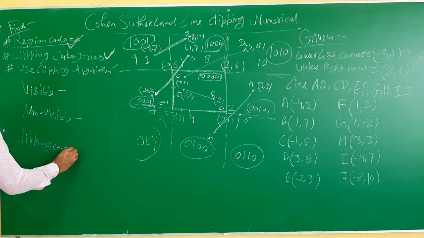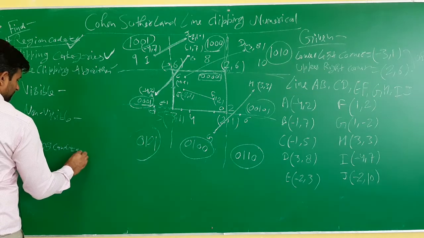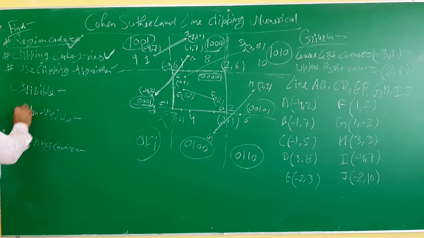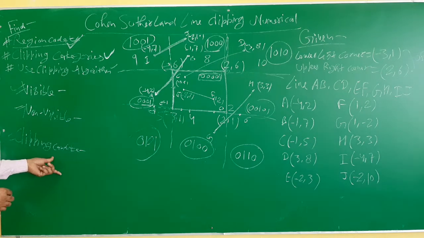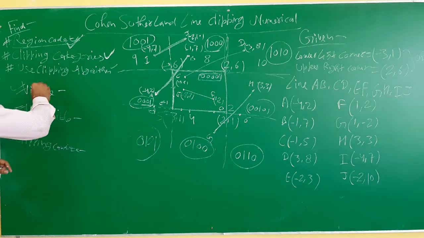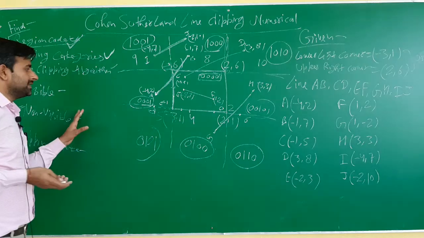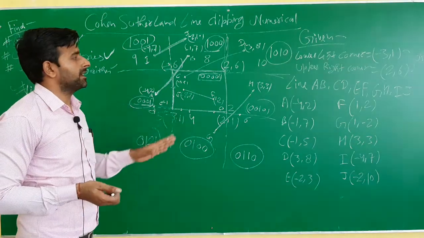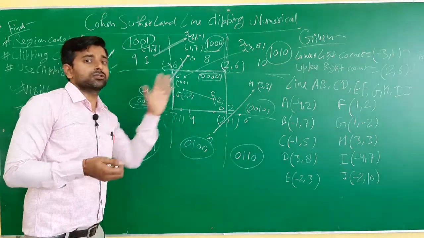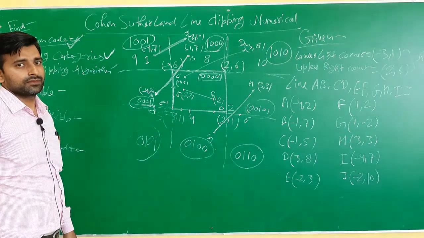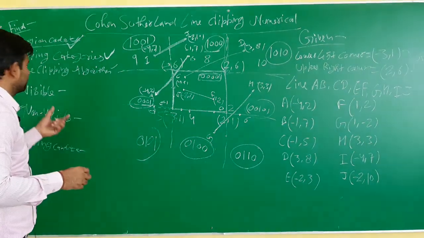How will we find these categories? These categories will be found according to the region codes of the points.